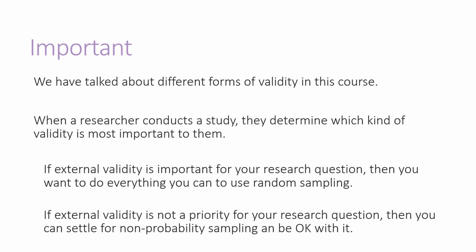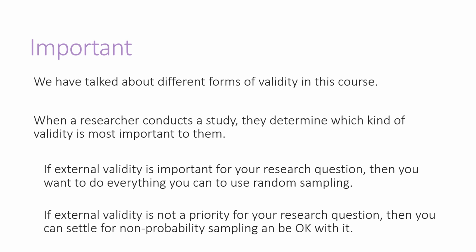At this point, I want to pause and take a moment to remind you about the other validities in this course. We have talked about other ones: internal validity, construct validity, statistical validity, and external validity. And we've recently focused on external validity here, but it's a reminder that this is just one of them. And when a researcher conducts a study, at the outset, they determine which kind of validity is most important to them.